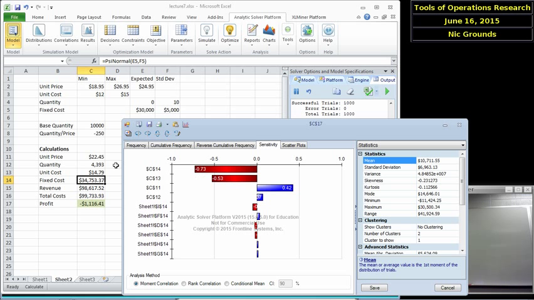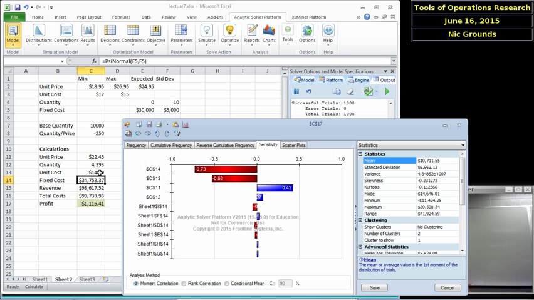But now we know that if we could somehow get our fixed costs under more control, that is, be more certain about their value, or increase or decrease their value by some method, that alone might help make our profit more certain than any other individual thing we could do. Followed by the second most sensitive parameter, C13, the unit cost.